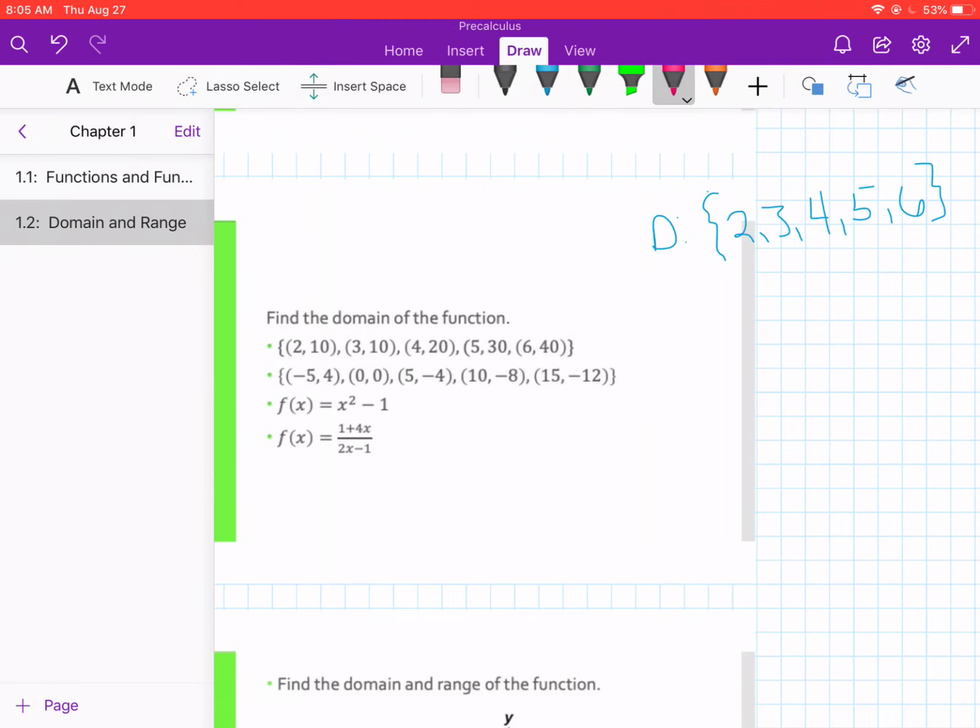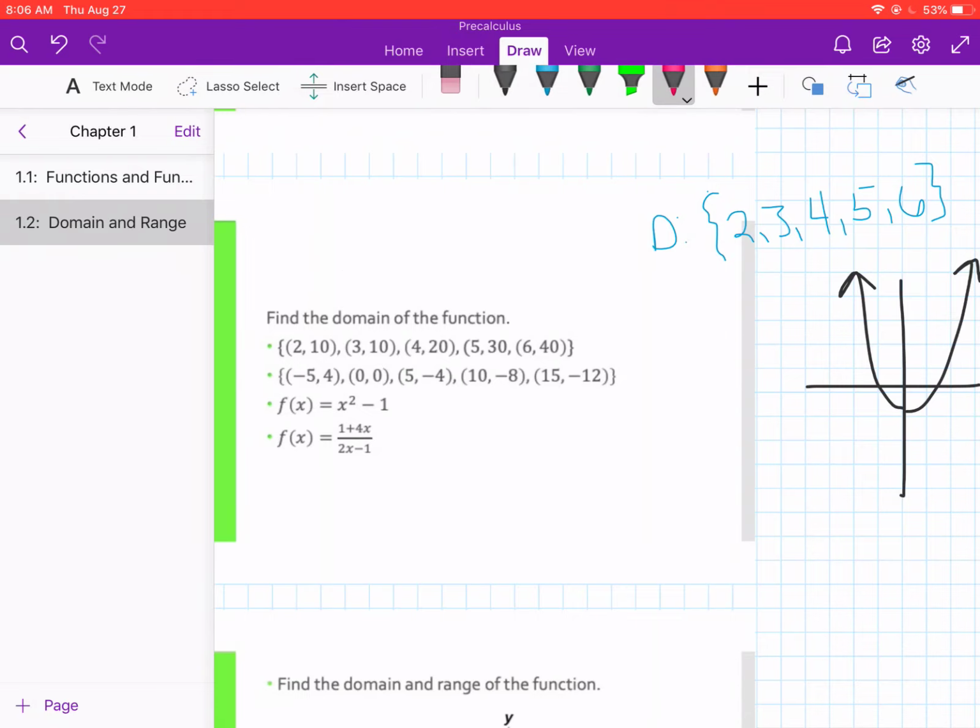Notice that the third one is a function, so we might want to graph that. If we graphed x squared minus 1, notice that it's going to look something like this. Let's think about what the domain of the function is. We're looking at x values.